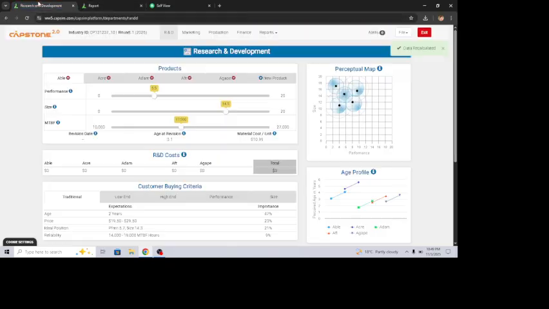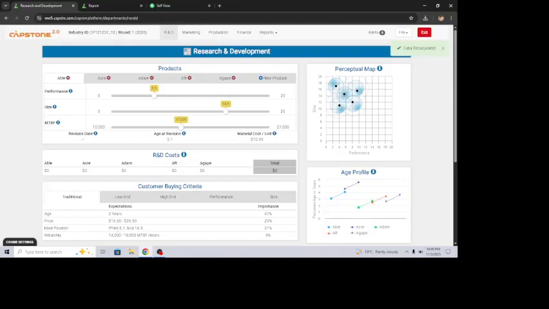So this traditional customer buying criteria are going to help us in making decisions for our product Able, and those for the low end will also help us in making decisions for our product Acre. So we'll go back to research and development, and in research and development, you're going to make decisions in performance, size, and then the MTBF.